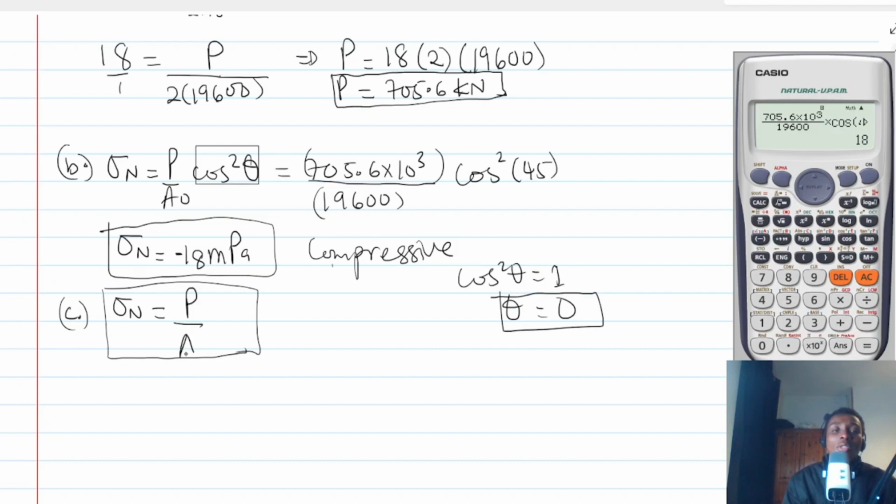In fact, this formula is also called the average normal stress. This is interesting. All we are trying to say is that when the angle is 0, we get the maximum normal stress, and when the angle is 45, we get the maximum shear stress. That's all. So it's going to be P, which is 705.6 times 10 to the power 3, divided by the area, which is 19,600.